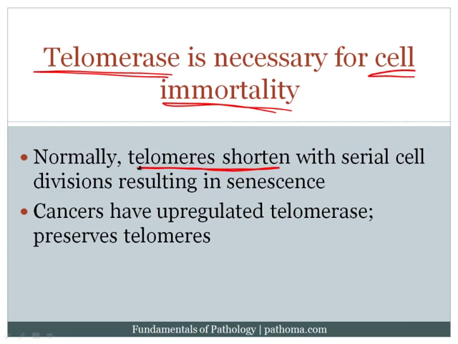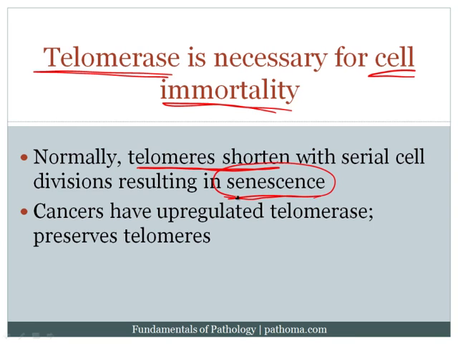Telomeres are at the very end of the DNA of each chromosome, and the continuous shortening of the telomeres with serial cell divisions eventually results in senescence, in which a cell basically shuts down and stops dividing. Cancer cells can't stop dividing.